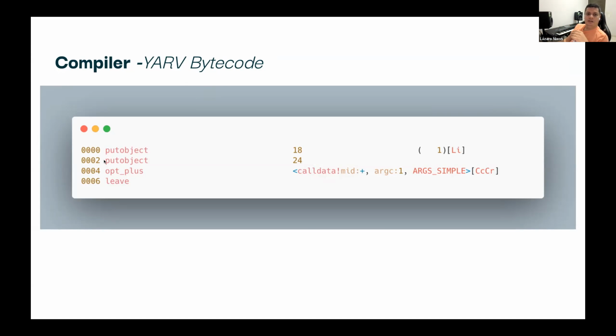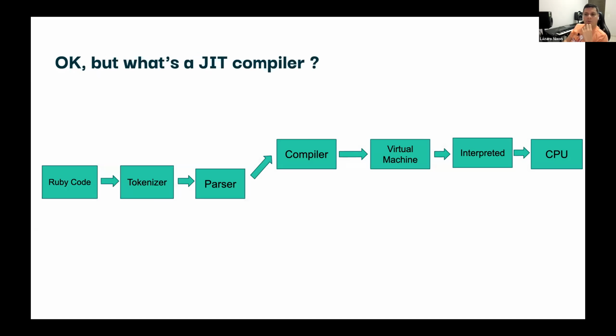The virtual machine works step by step. First it reads this line, then it executes this line. Then the other line, opt plus, then leave. So that's how it works. But what is a YJIT compiler?